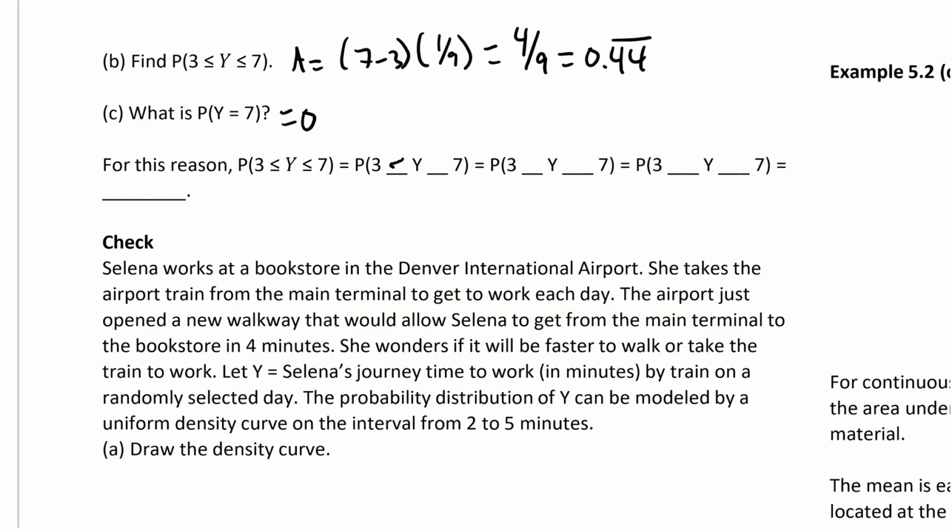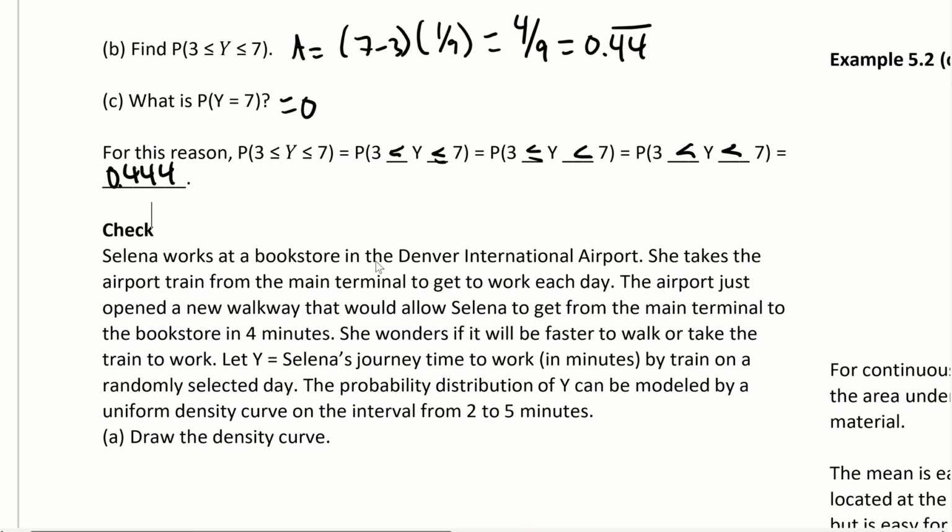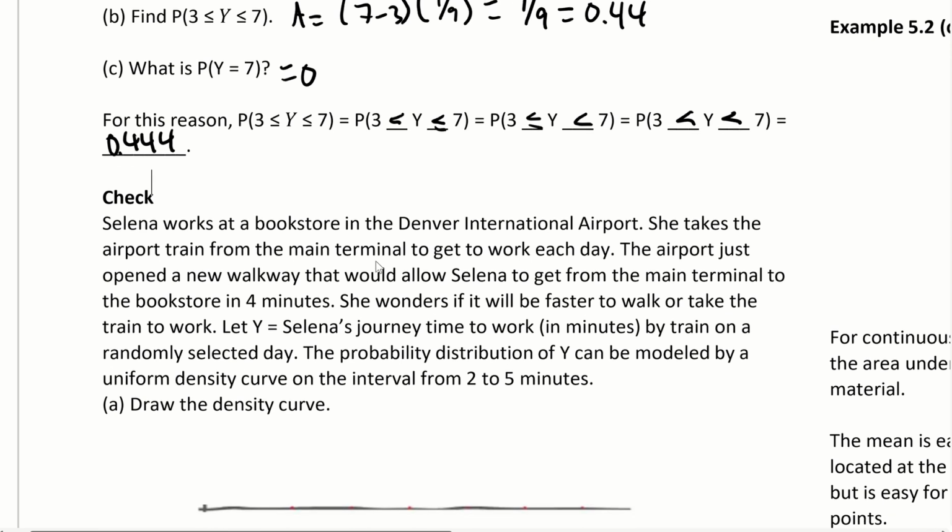So we can easily have written this as, for example, less than and then less than or equal to, or less than or equal to and less than, right? Or both of them being less than. It doesn't really matter, okay? The probability is still going to be the same, 0.444, going on forever. All right, that was the purpose of that part C exercise.